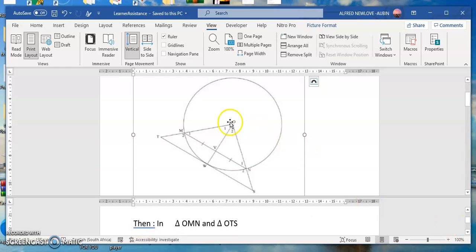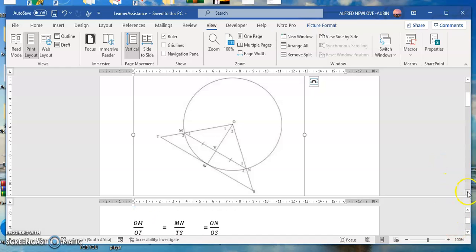Since we proved that this smaller triangle is similar to this bigger triangle, now we can work using similarity. How are you going to do that? We are saying triangle OMN and OTS.